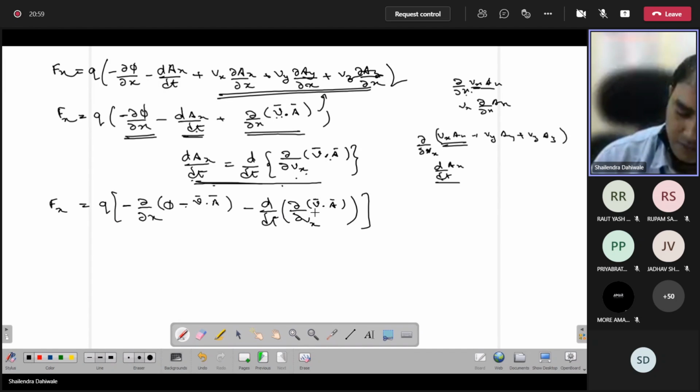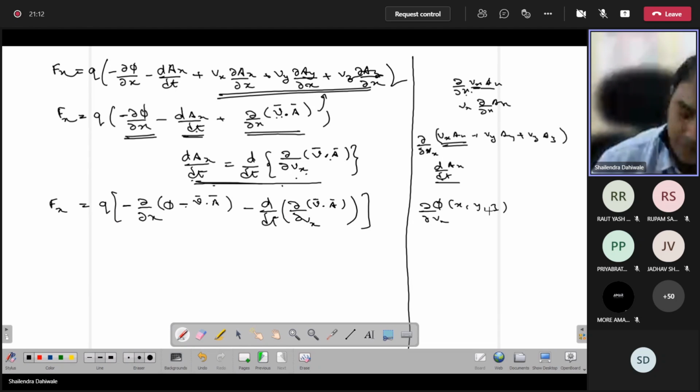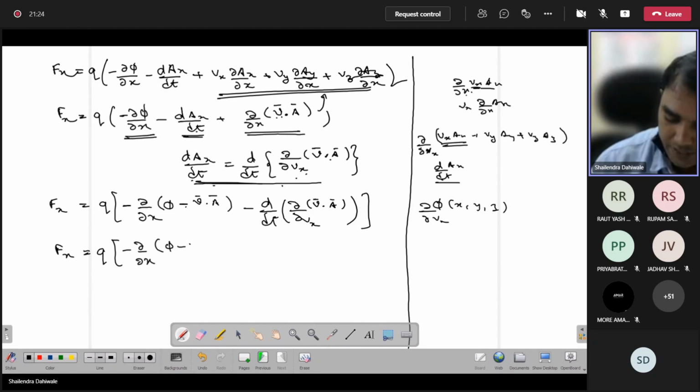Now again, phi is a function of x, y, and z, right? So if I take del Vx of this, it will make no difference. So I can again write Fx, the x component of the electromagnetic force, as phi minus v dot A, minus d/dt of phi minus v dot A, right?